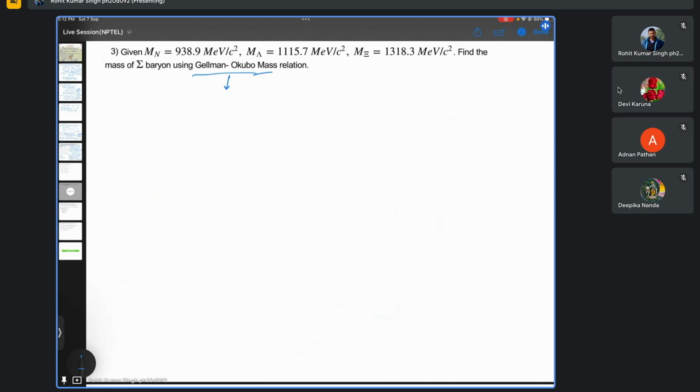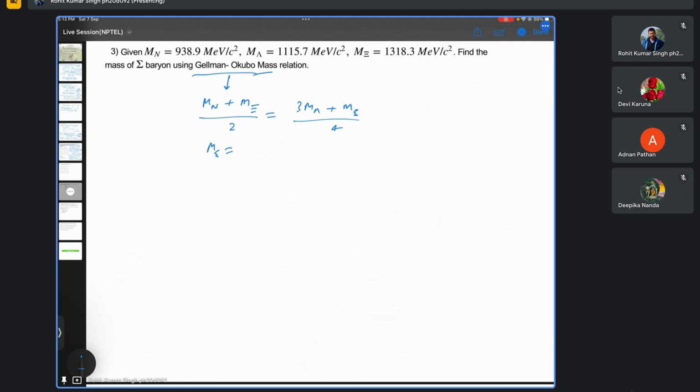This mass relation is just relating the mass of neutron with the mass of cascade, mass of lambda and mass of sigma, right? You can put everything in and find the mass of sigma. So I'm not going to do this. It's simple, right?